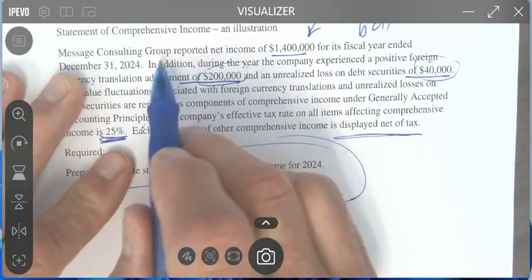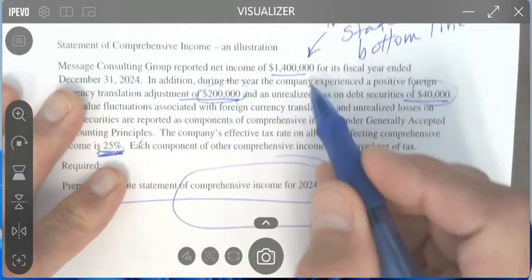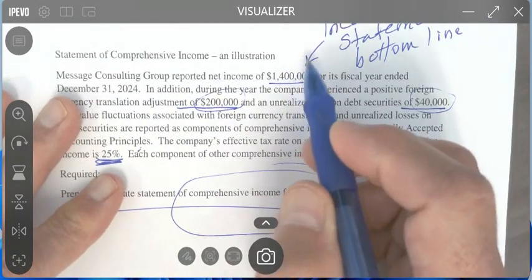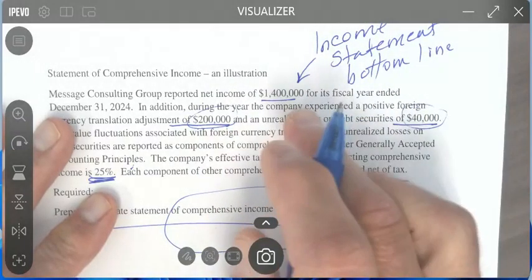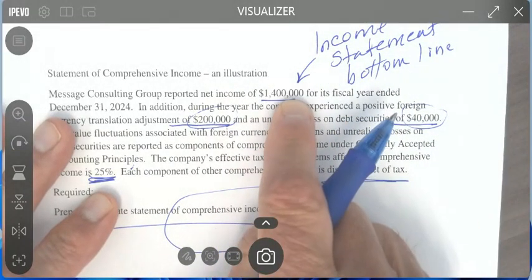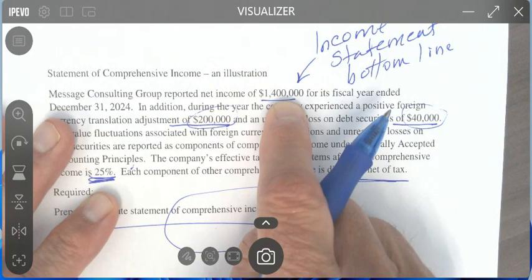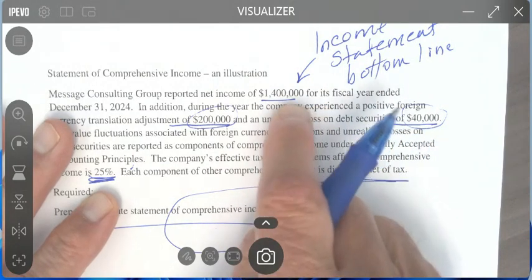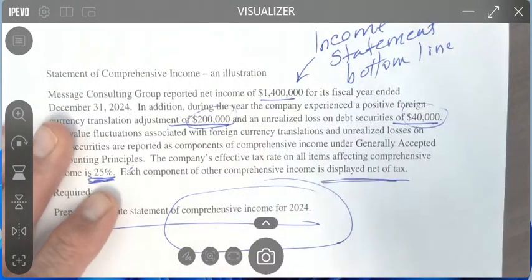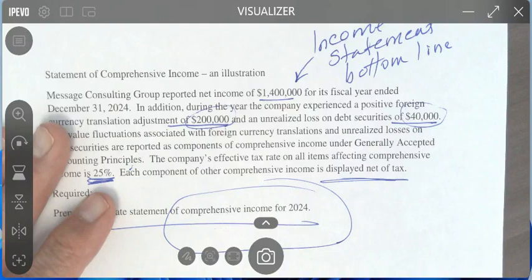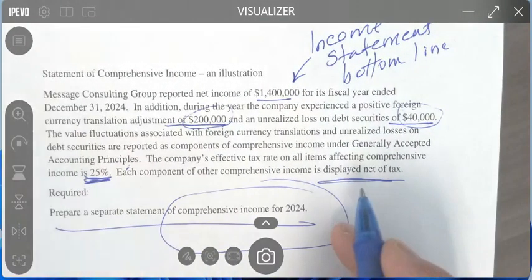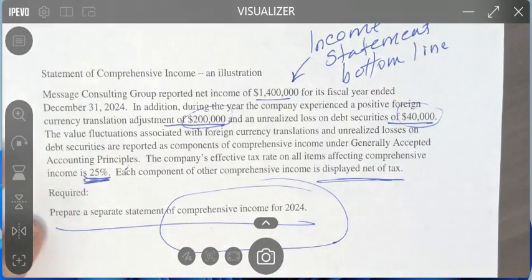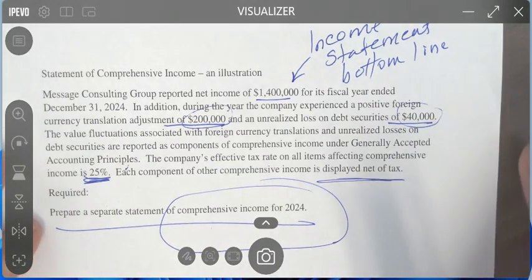So Message Consulting Group has already prepared an income statement that has sales of, for example, $2 million and expenses of $600,000 coming to net income of $1.4 million. I just made those up. But that's where we're picking up. So in other words, they made an income statement just like we made one for Racket Sales Corporation.